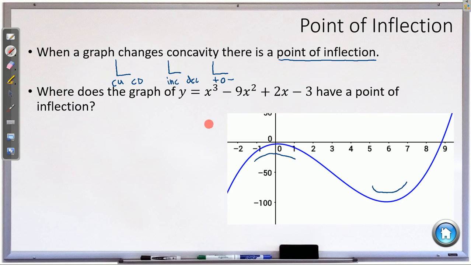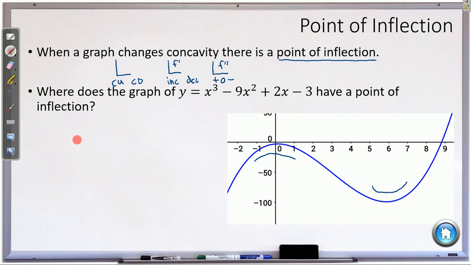And so hopefully that looks familiar. We've done that before, but we've always done it with f prime. We've never done it to f double prime. And so we're going to do a very familiar procedure here, but we're going to be doing it to the second derivative instead of the first derivative.